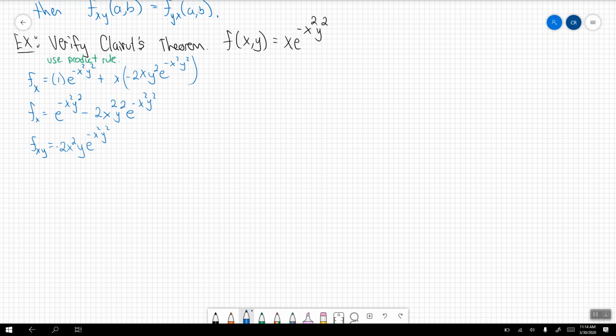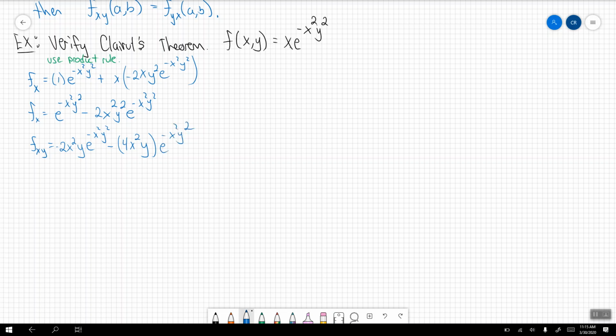All right. Now for the second term, we're going to take the derivative of the first function here. We're going to do a minus, and I said derivative with respect to y, so that's going to be 4 x squared y multiplied by the second function e to the negative x squared y squared.